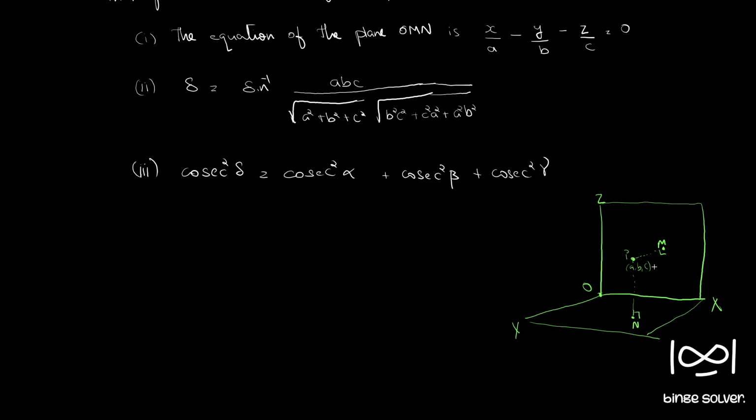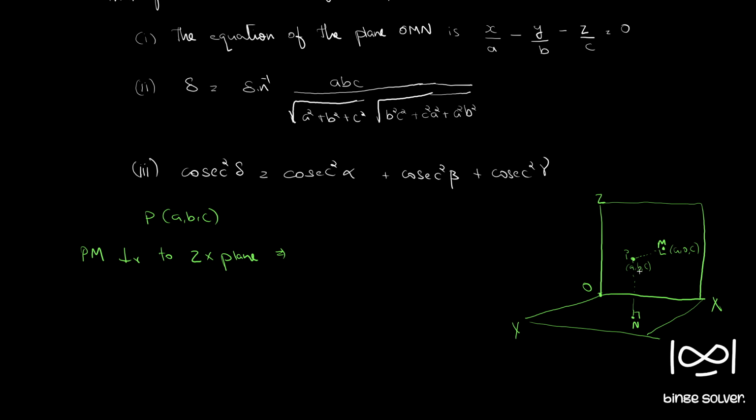Since M is the foot of the perpendicular from P (a, b, c) to the ZX plane, from the figure itself we can see that M is (a, 0, c). You drop a perpendicular like this, and the X and Z coordinates won't change, and the Y coordinate becomes 0.